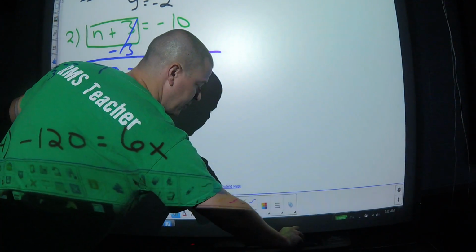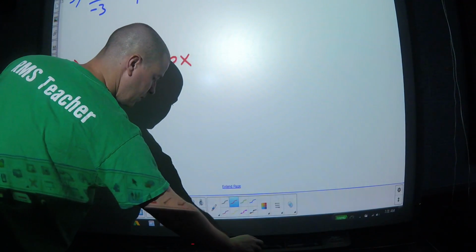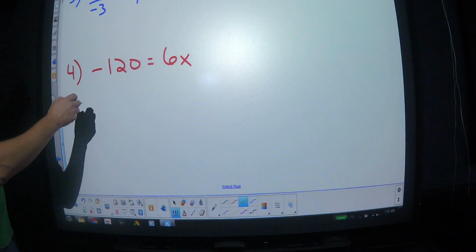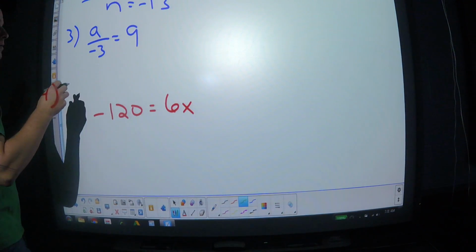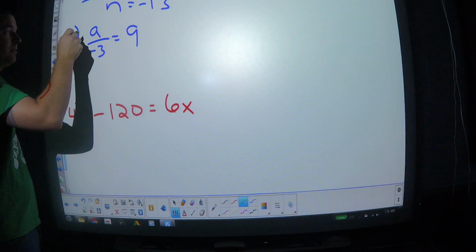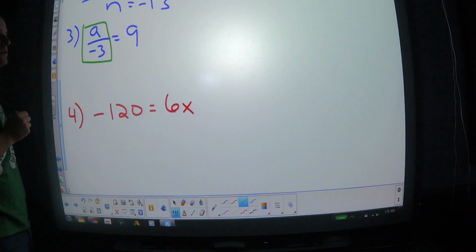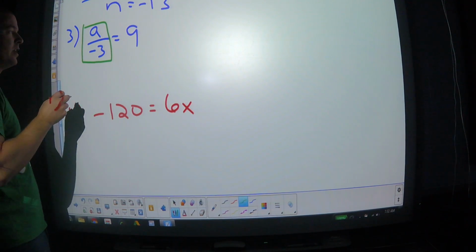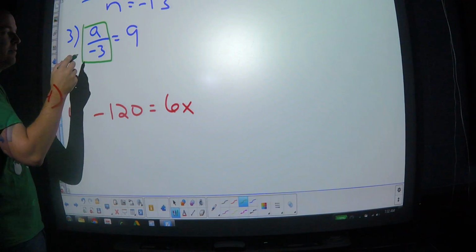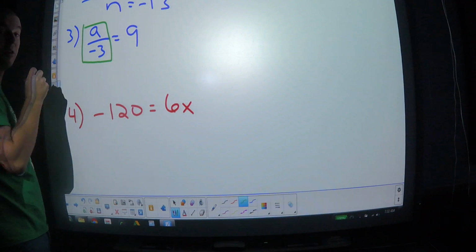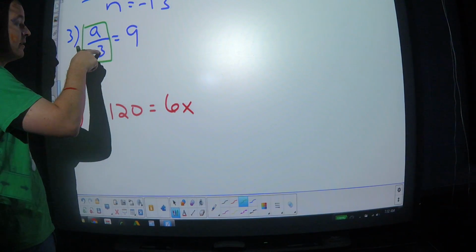Then looking at number 3, identify the side with the variable. All right, then you multiply both sides by the inverse, or multiply both sides by the same number.